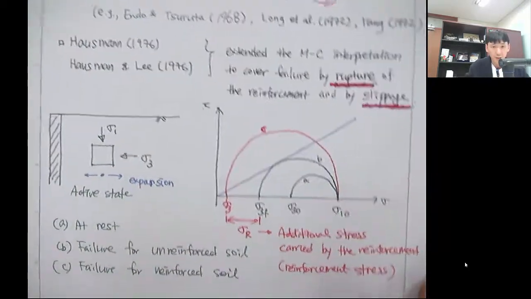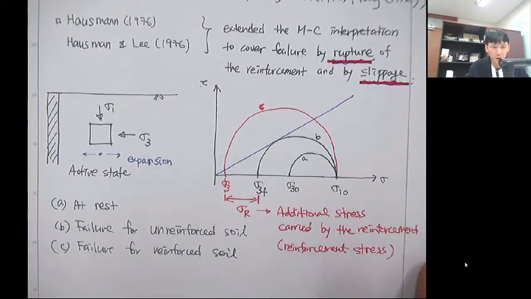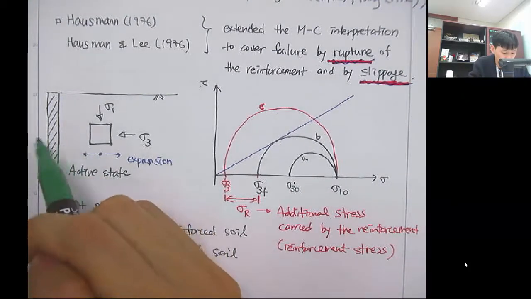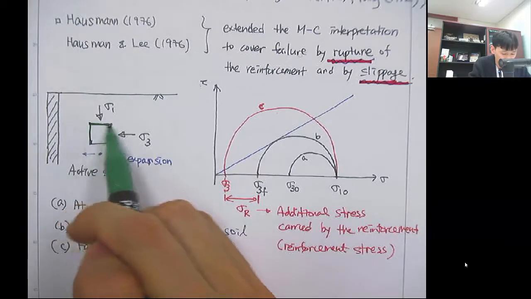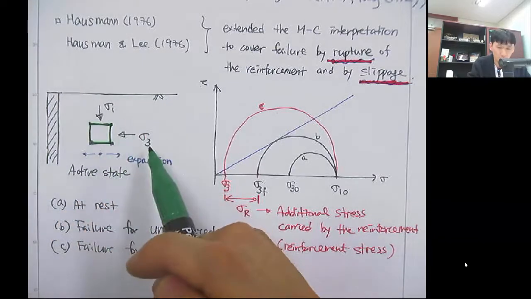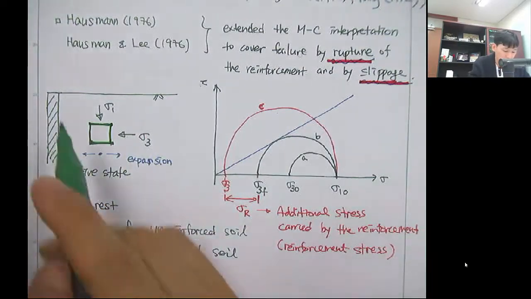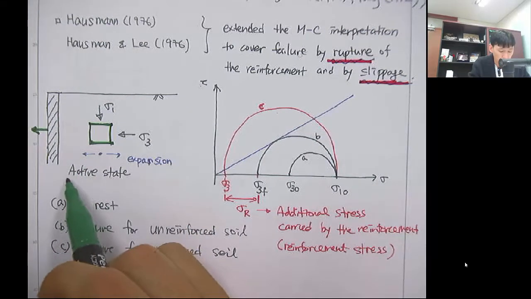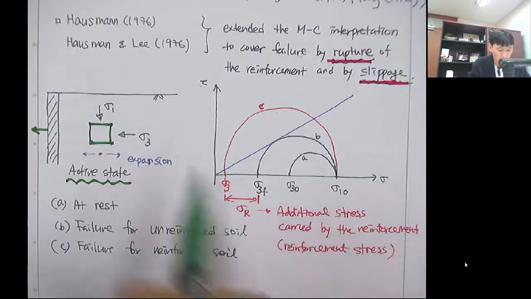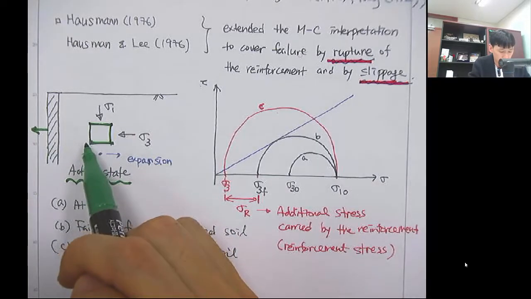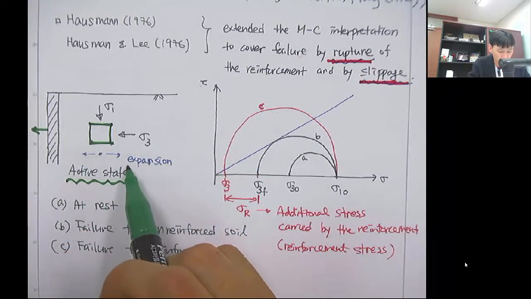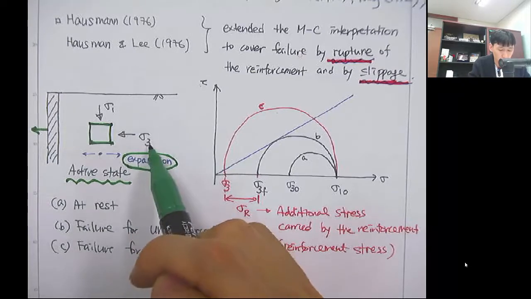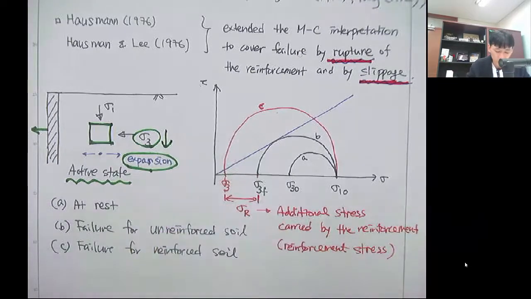So in principle, let's think about a retaining wall with a soil mass under stresses sigma 1 and sigma 3. If the wall moves outward, it's called the active state, right? The soil will experience volume expansion, so sigma 3 will decrease.